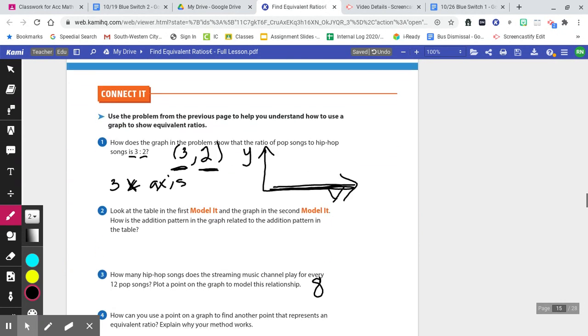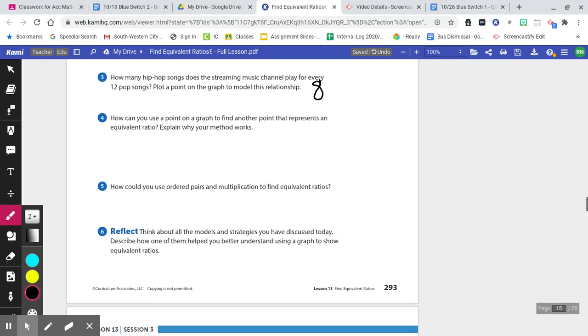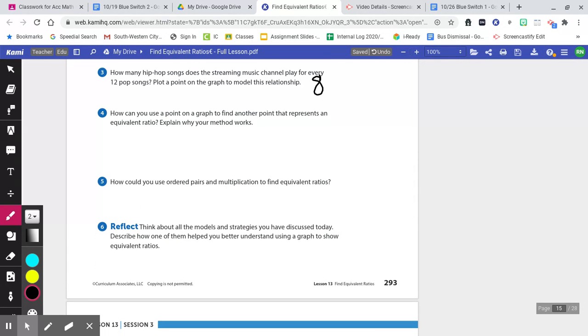Okay, let's go back to this. How could you use ordered pairs and multiplication to find equivalent ratios? If an ordered pair represents a ratio and you multiply both coordinates by the same number, you'll find the equivalent ratio.